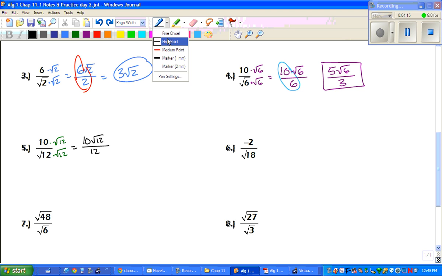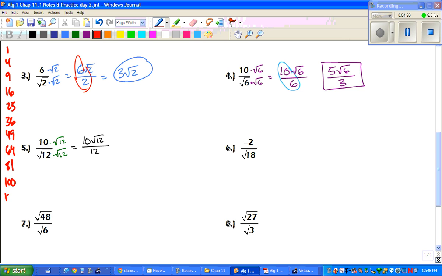Now, if you haven't done so already, you should write all of the perfect squares down: 25, 36, 49, 64, 81, 100, 121, 144. And remember, those are just the first 12.